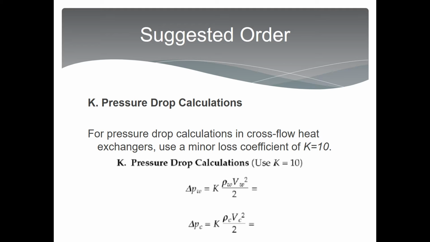For pressure drop calculations in cross-flow heat exchangers, a minor loss coefficient of 10 is used. The pressure drop for both fluids is equal to the minor loss coefficient times density times velocity squared divided by 2.